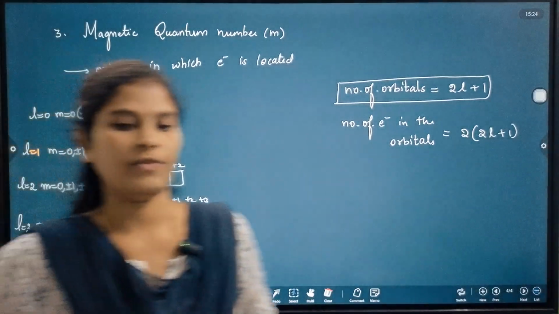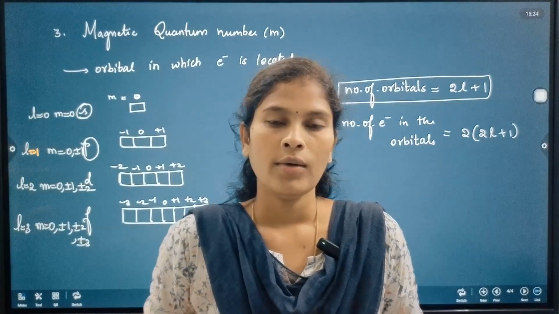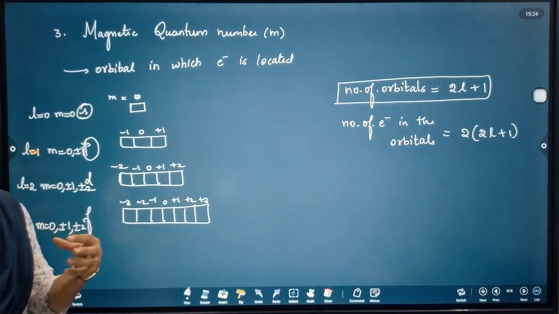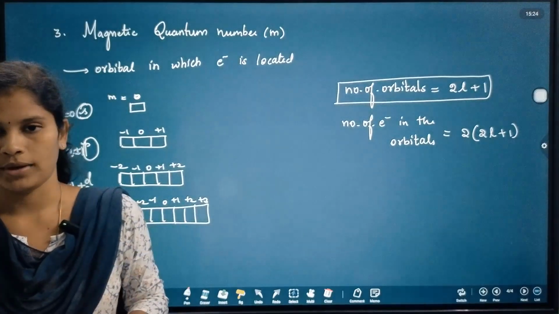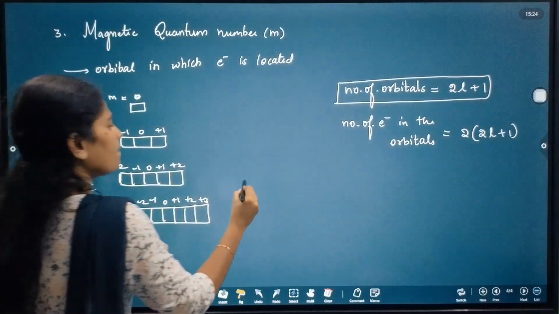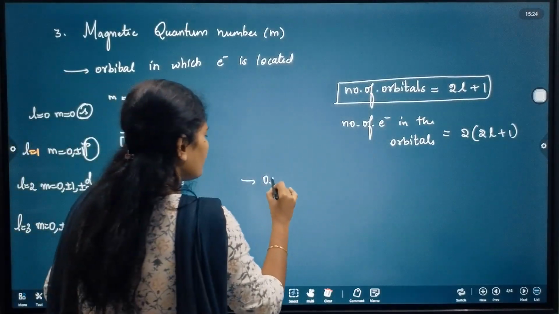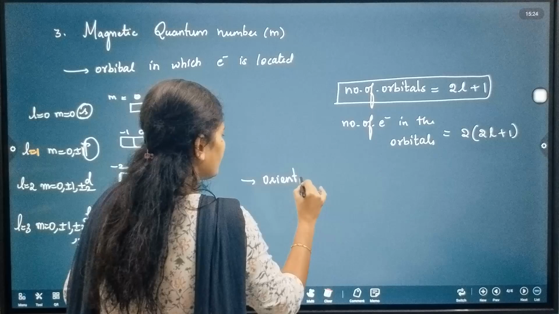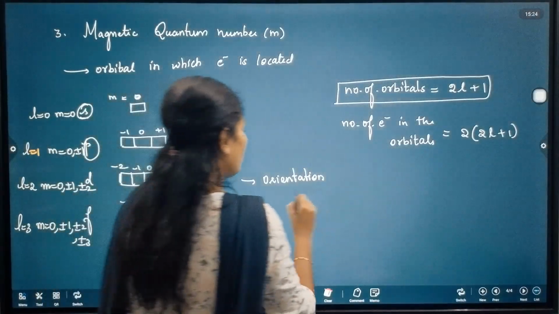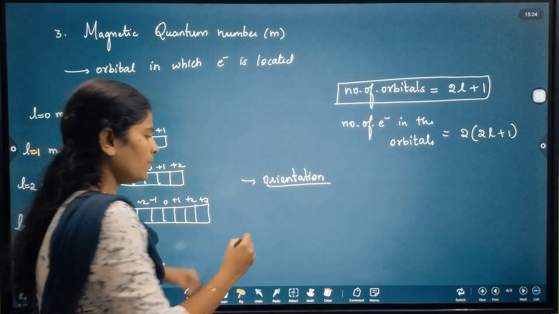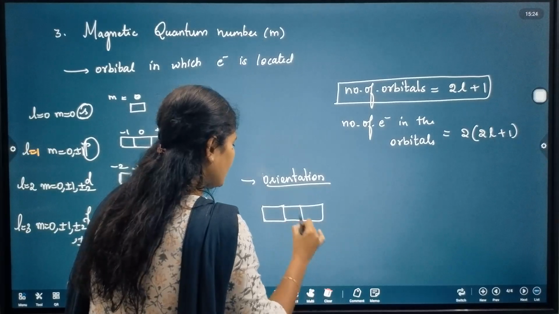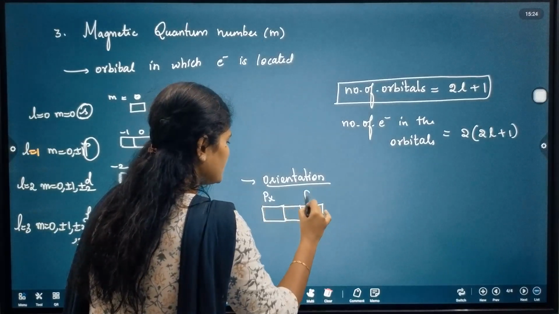Remember it. Fine. So now, what is the significance of this magnetic quantum number? Since I can exactly say in which orbital the electron is located, I can say the spatial orientation of the electron, because we are just assigning the p orbital as px, py, pz.